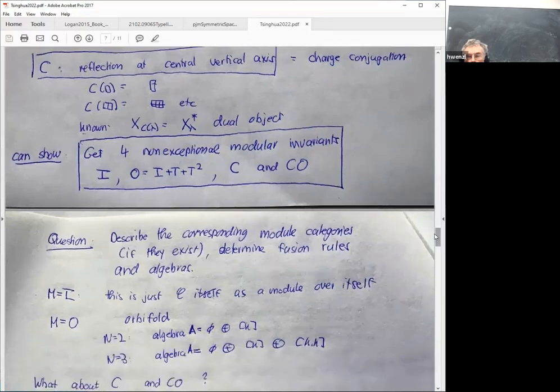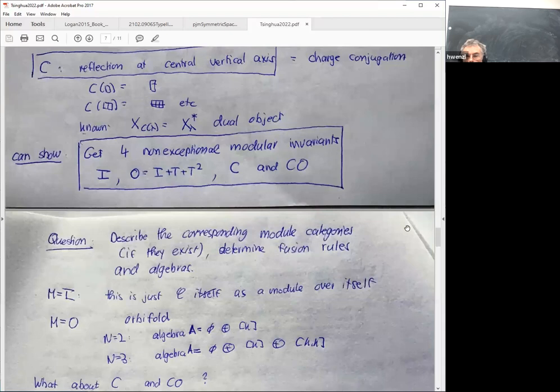Okay, fine. So we have this, but now the problem is, what does it say about our module category? What can we say about the corresponding module category? And a priori, I don't think there's even a general theorem which tells us that such module categories always exist for every module invariant.